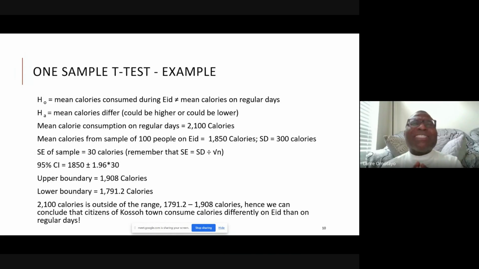Whenever we're talking about statistical testing as a procedure, we need to have two types of hypotheses: the null hypothesis and the alternative hypothesis.